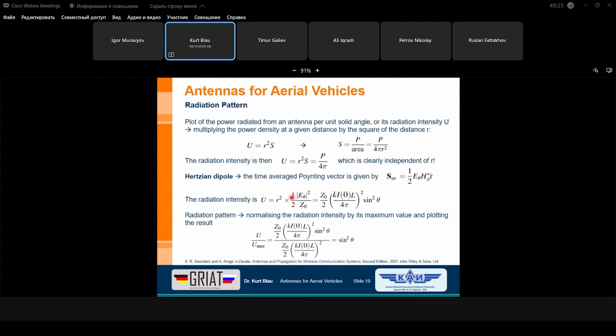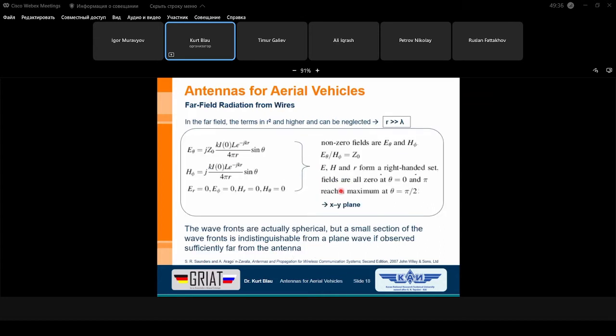Then we have to insert for E theta, the magnitude of E theta in square, the expression we have already developed and which is visible here in this simple formula. You will see later on, as long as we are discussing wire antennas, we can very often use these expressions.